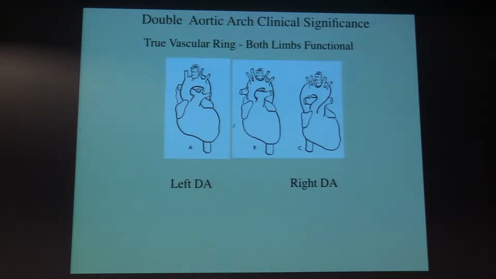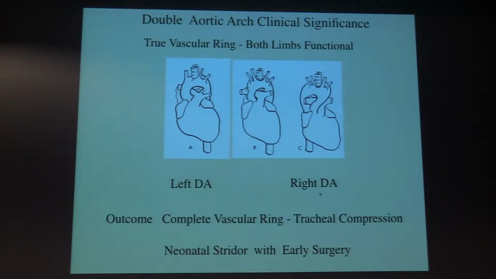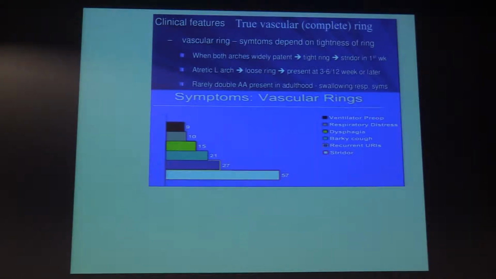Double aortic arch, we can have double aortic arch with left ductus as well as with right ductus, and in both cases the two arches form a complete vascular ring with tracheal compression, neonatal stridor, and early need for surgery. The symptoms depend on the clinical features: when both arches are widely patent, there is a tight ring and stridor in the first week of life.